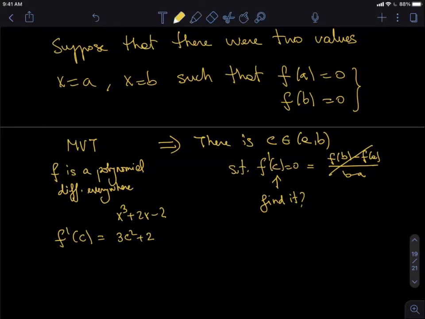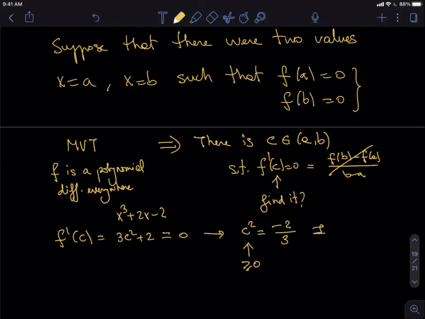But if this is going to be equal to 0, we realize here there is a problem, because this is saying that c squared must be equal to negative 2 divided by 3. Is this possible? C squared is not negative.